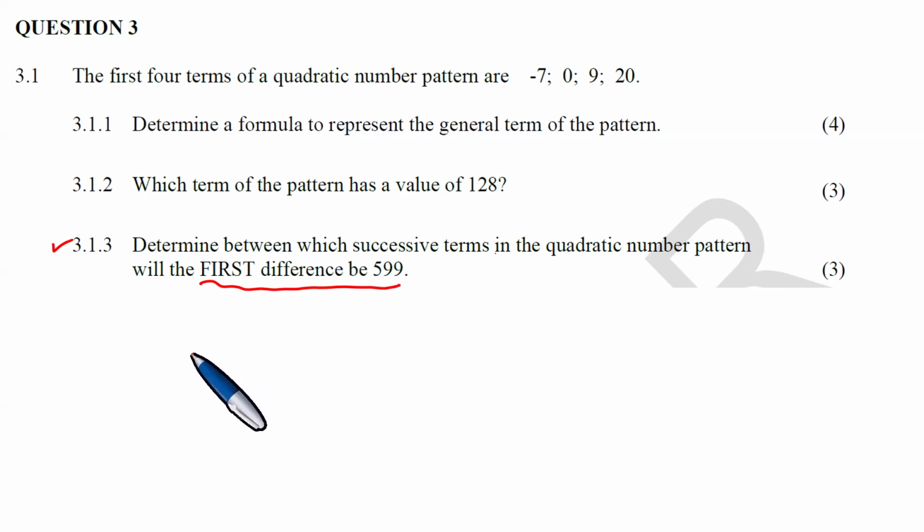How do we deal with the first differences? We will take note of the fact that it's for 3 marks. So you have minus 7, just writing out the quadratic number pattern, 0.